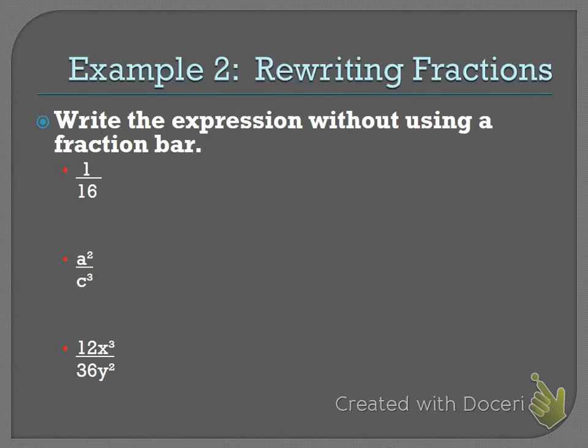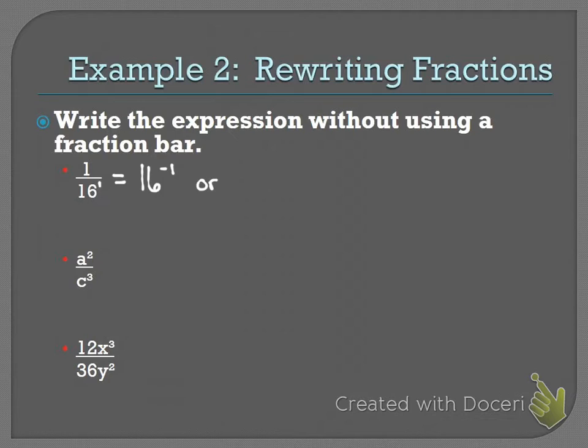So if I'm going to move the number in my denominator into the numerator, I have to change the sign of my exponent. So instead of 1 over 16 to the first power, it's going to be 16 to the negative first power. Or is there a number that could be multiplied by itself to equal 16?